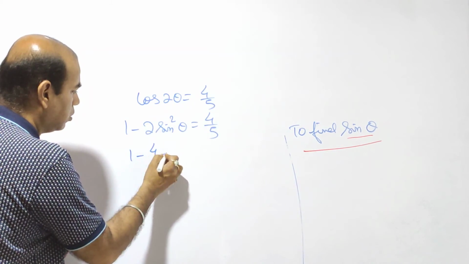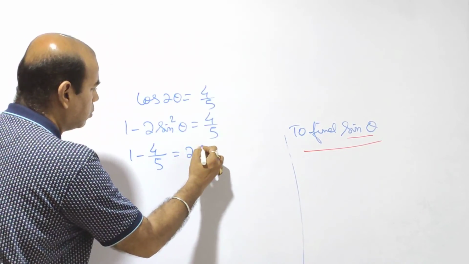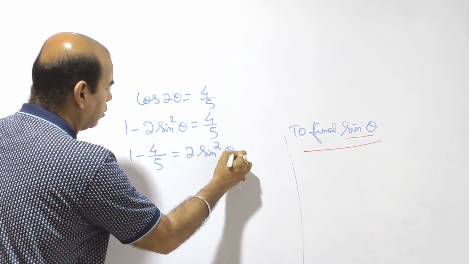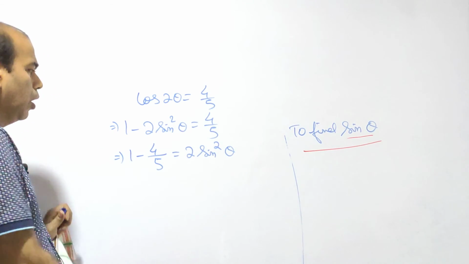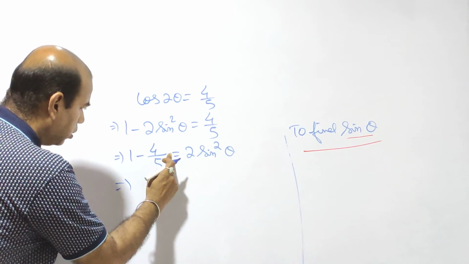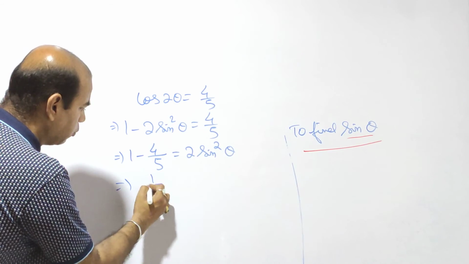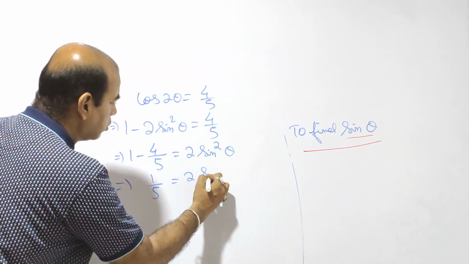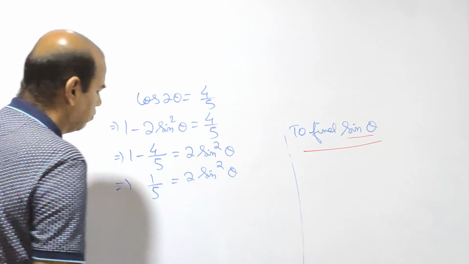So 1 minus 4 by 5, it is 2 sine squared theta. Now 1 minus 4 by 5 is 1 by 5, which is 2 sine squared theta.